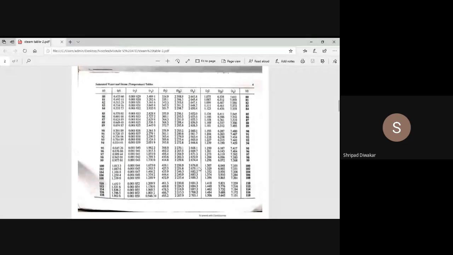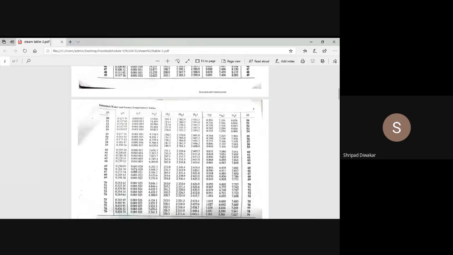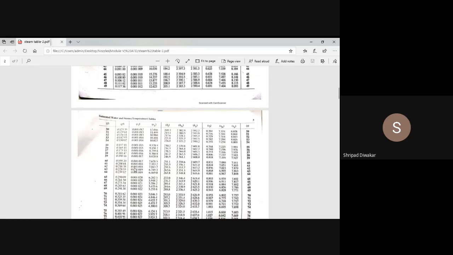We have two tables. One is a temperature based table and the second one is a pressure based table. What I am explaining right now is the temperature based table: how to get the properties of the steam at a particular temperature.